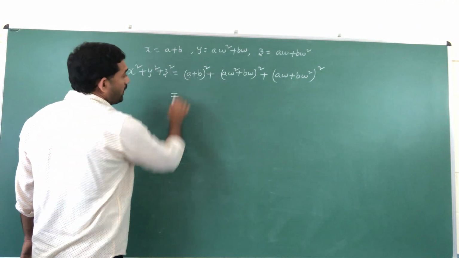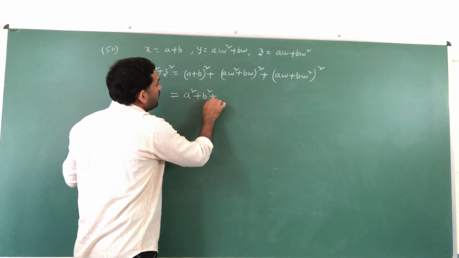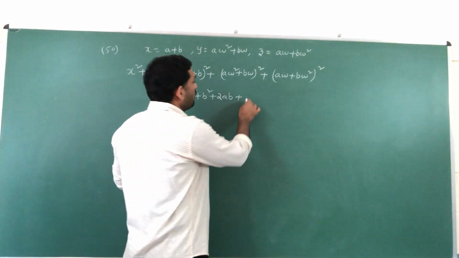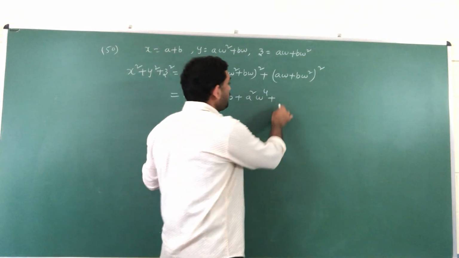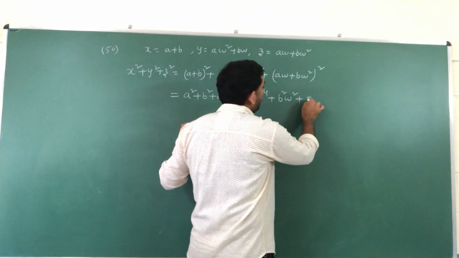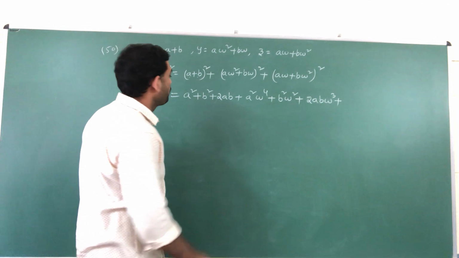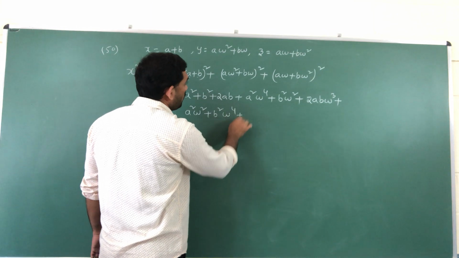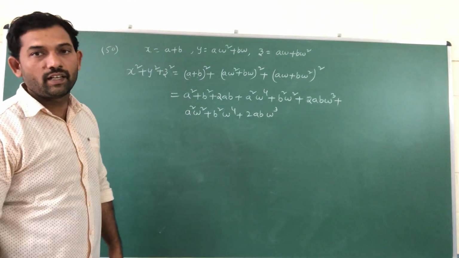Now (a + b)², you expand it: a² plus b² plus 2ab, plus aω² squared means a² ω⁴, bω whole square means b² ω², plus 2ab ω³, plus last one expand, a² ω², b² ω⁴ plus 2ab ω³.